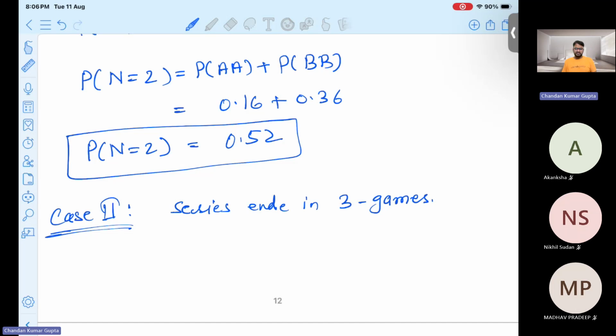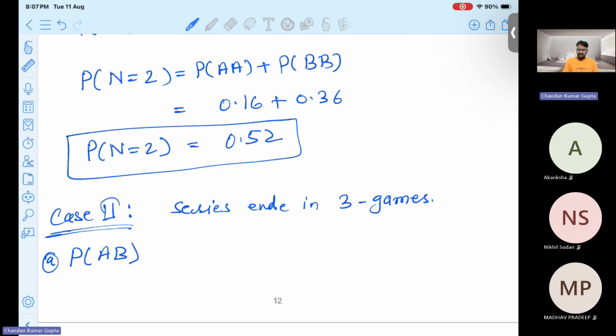It will be either the first game won by team A and then team B, or team B and then team A. In the first case, the first game is won by A and then B. I don't need to write A or B for the third game, because it will definitely be won by either team.